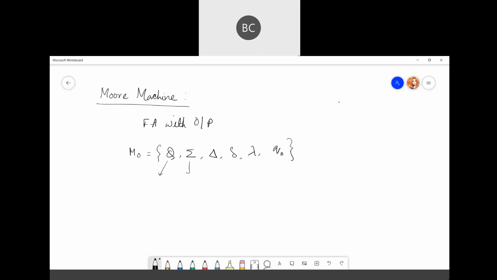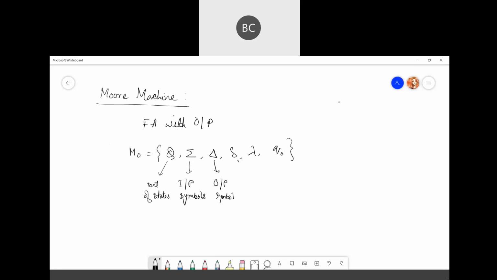Sigma is the same as input symbols. Then comes capital Delta. It's the output symbol.